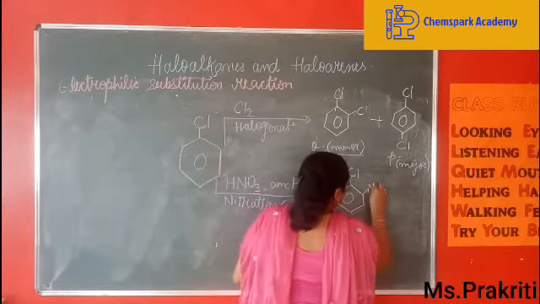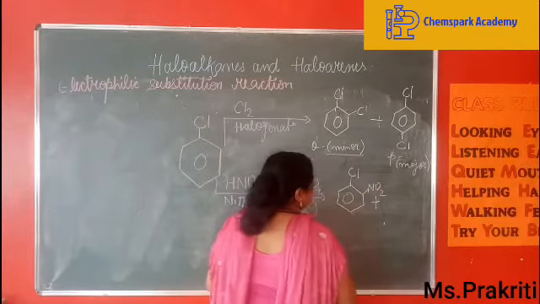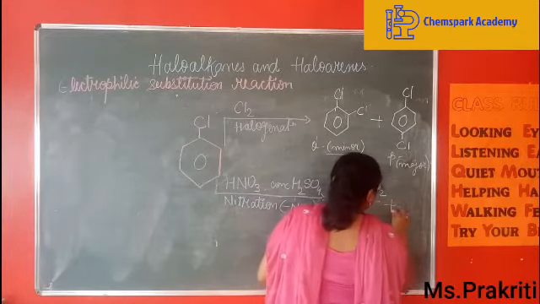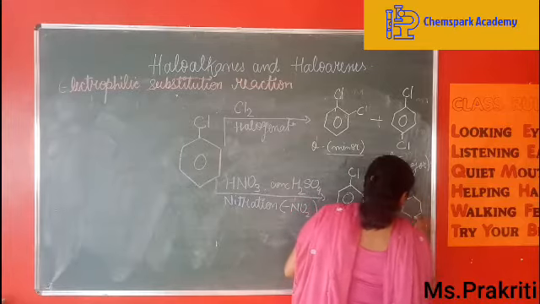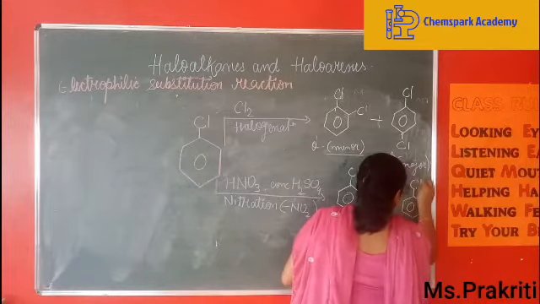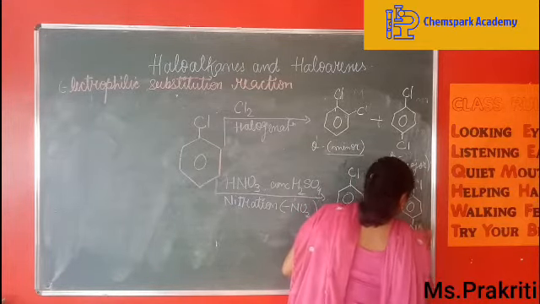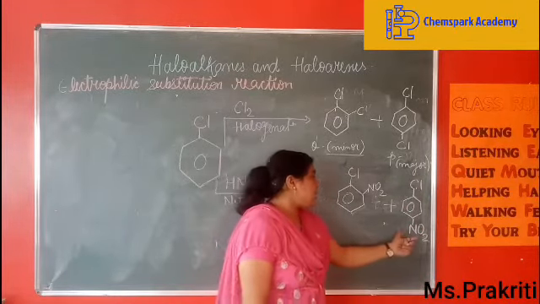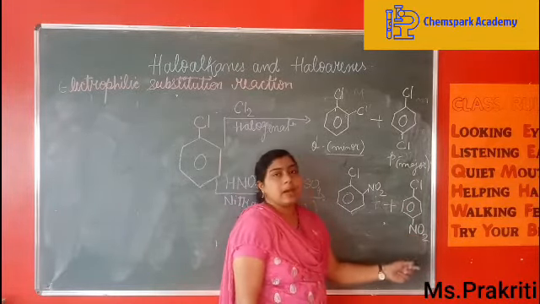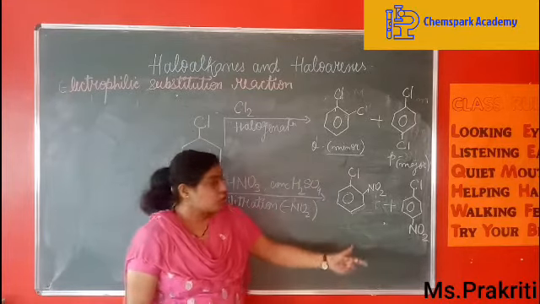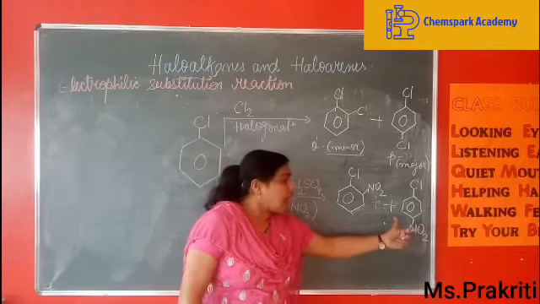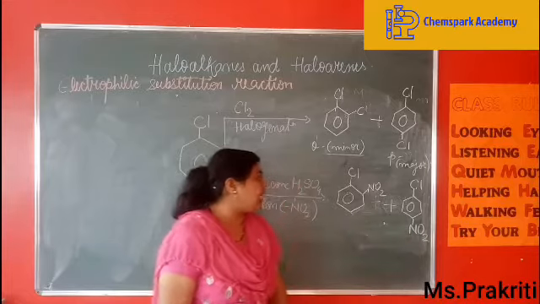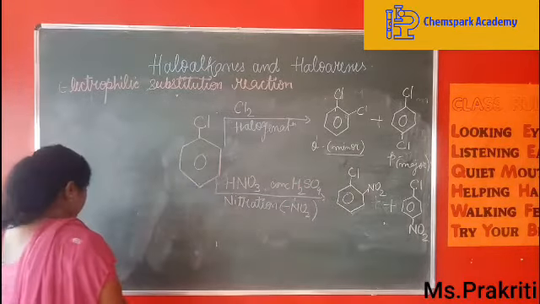One will be the ortho substituted, likewise the other will be the para substituted. Again, the para substituted product will be formed in the major quantity. So I wish you will be able to write the names of these two products.